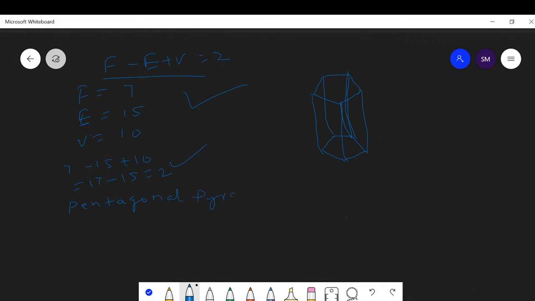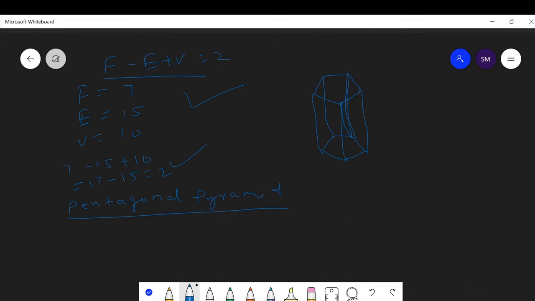I have already told you students, by applying Euler's formula you can check your answer when you have a given figure and you have to find out the number of edges, faces and vertices. You can use Euler's formula to check your answer, whether right or wrong. If it satisfies Euler's formula, it means your answer is right.